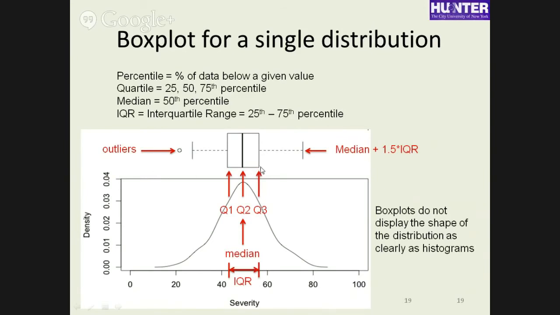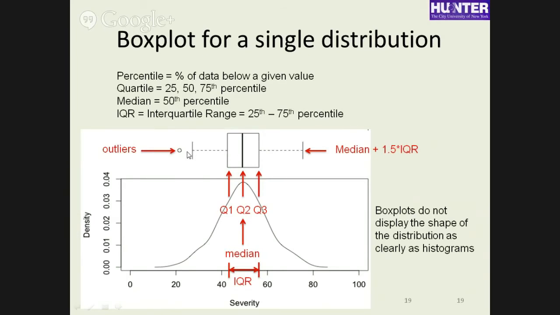And the third quartile is where 75% of the observations fall below it, and 25% would fall above it. The difference between the first quartile and the third quartile we call the interquartile range, and it's a measure of spread of the data.